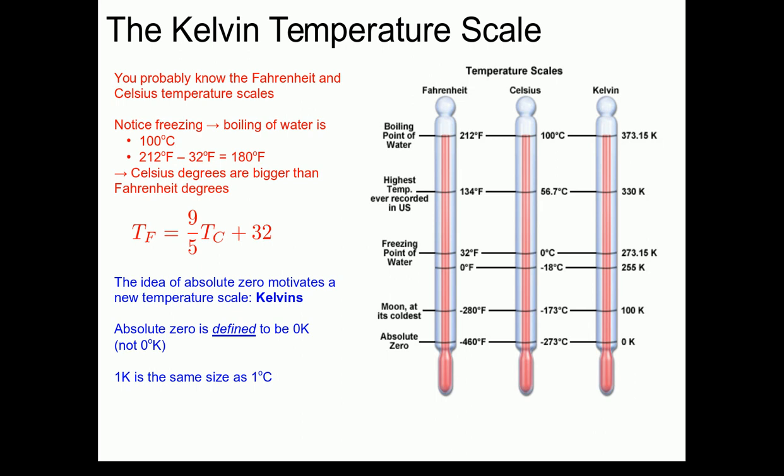So the difference in temperature between the freezing point of water and the boiling point of water is 100 kelvins. For Celsius, it goes from 0 Celsius to 100 degrees Celsius, while for kelvins, it goes from 273 Kelvin to 373 Kelvin. So 1 Kelvin has the same size as 1 degree Celsius. The only difference is the starting point. So in order to convert from a Celsius temperature to a Kelvin temperature, we simply add 273.15.